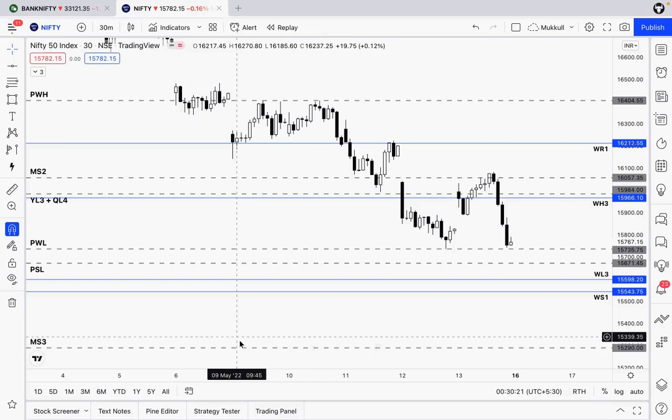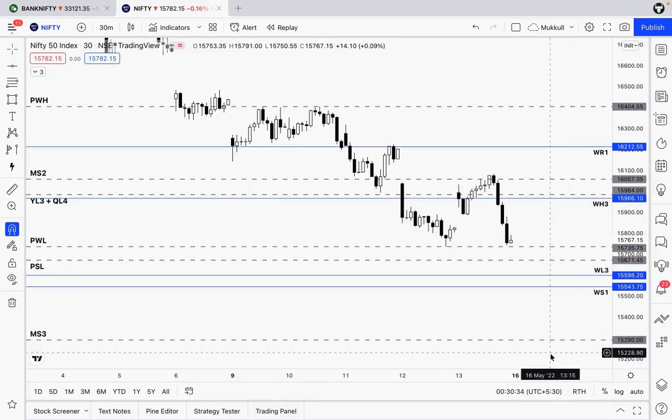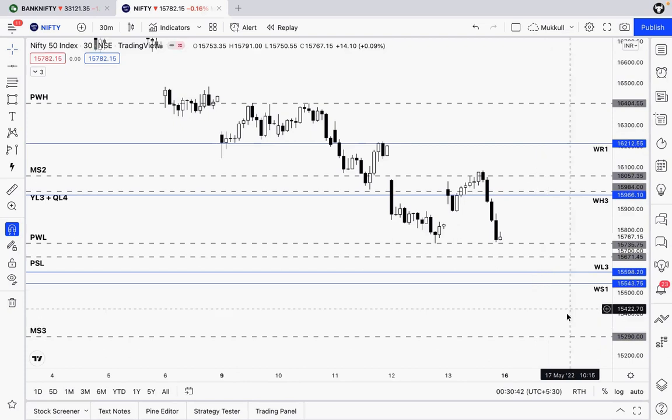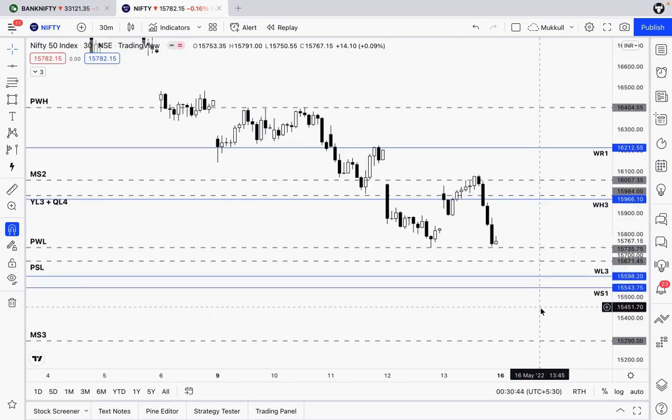From here, we can expect a reversal, because if we move towards the downside, there is no point in holding your longs, because that might result in a steep correction towards the downside, and we can expect further levels getting broken down. But for now, 15,500 will act as a halting zone, or a deciding zone for the further movement in the market.